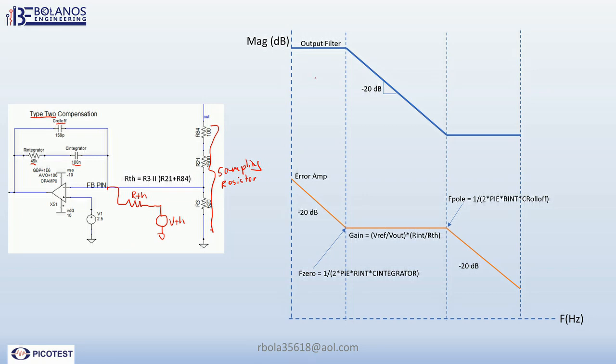Okay, so here we have, right here in red, the transfer function of the error amp circuit. If you notice, at low frequency you have high gain.